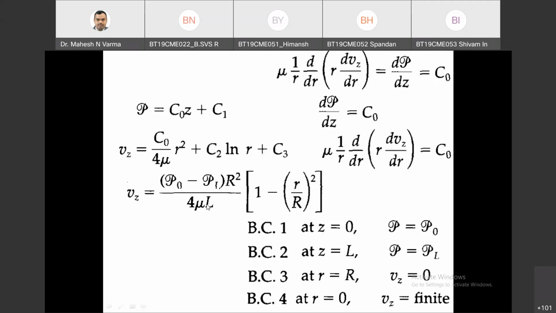Your roll number 86, Prashant. Yes is for writing notes or you got the equation? Yes, sir. I got the equation, sir. Okay, very good.